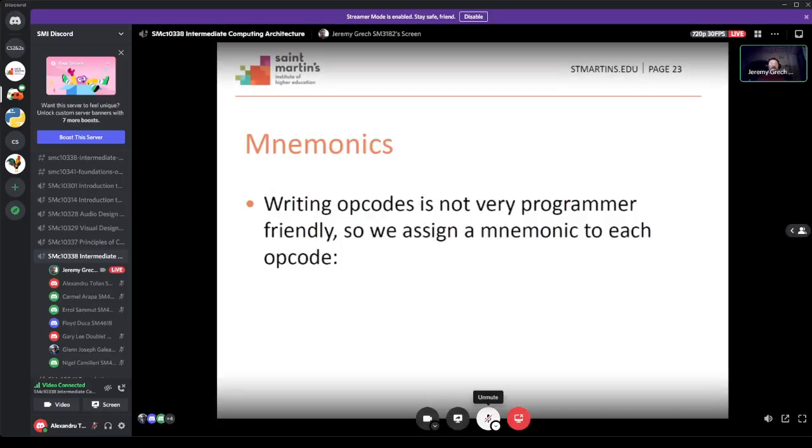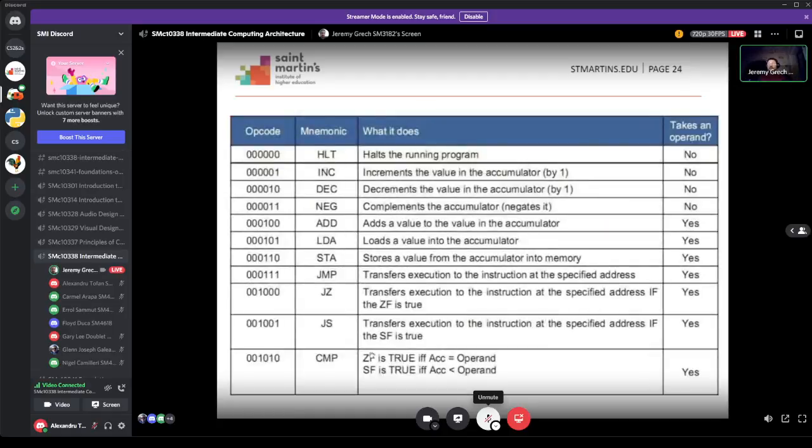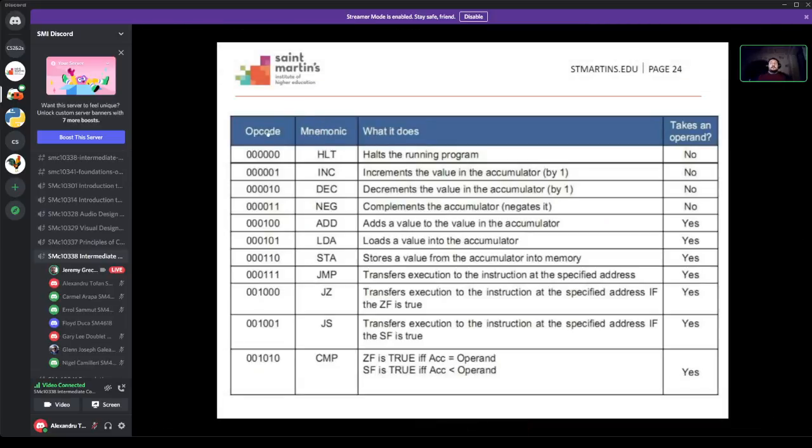All right, mnemonics are essentially very short abbreviations of the operation codes that we have, which are going to make our lives as programmers easier in order to be able to write our code. So essentially, we're going to be creating a mnemonic in order to represent our operation code. This is the most basic form of conversion.